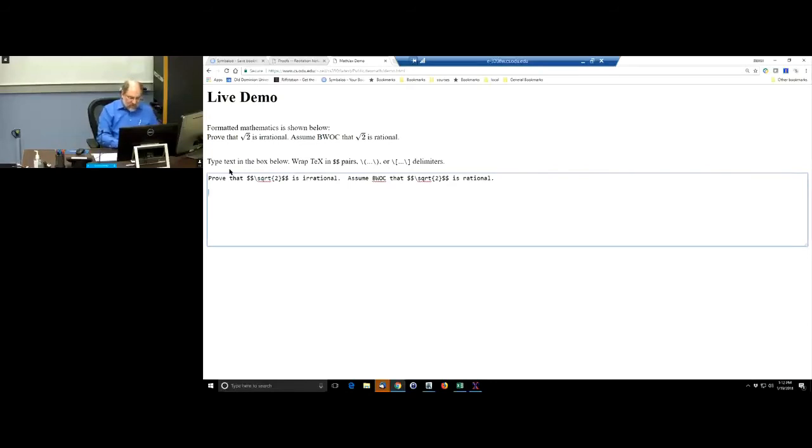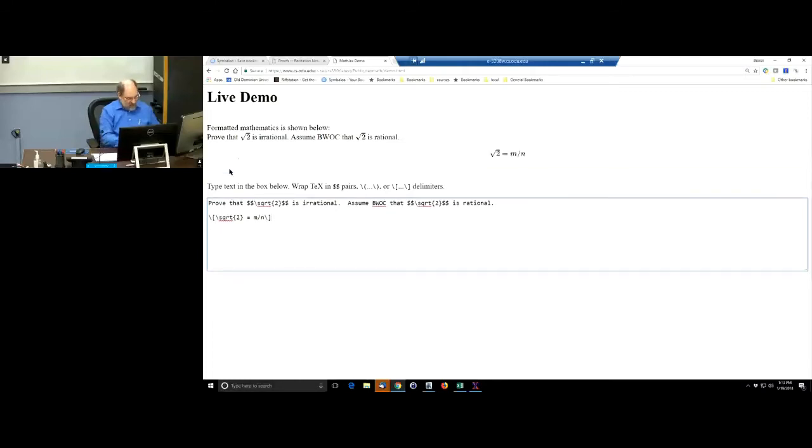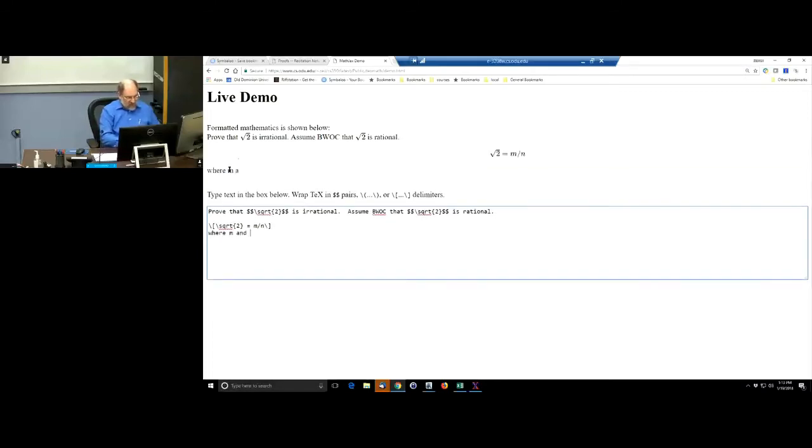If the square root of 2 is rational, then I am saying that the square root of 2 can be written as m over n, where m and n are integers, and they have no common factors other than 1.